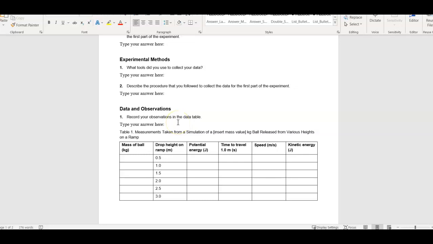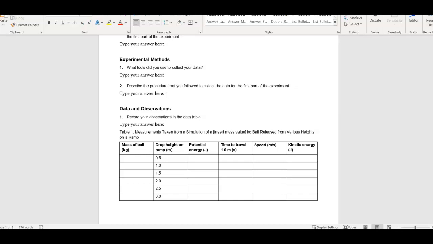Okay, when we're looking at the tools you used to collect, what did we use? We used a simulation lab that had a ramp, and it had a sensor that collected data there. So those would be the tools we used. What procedure did we use? You're going to specifically tell me the steps that we took.